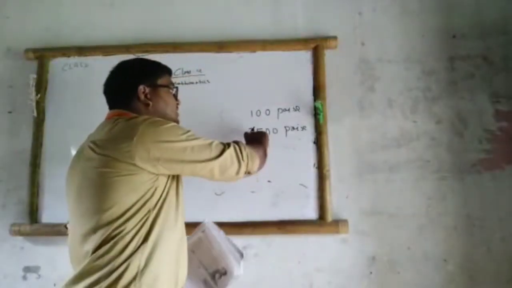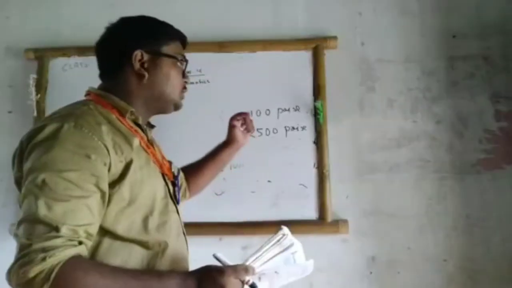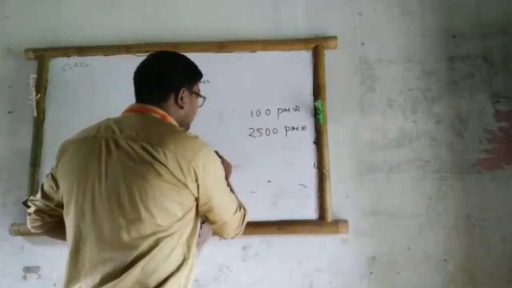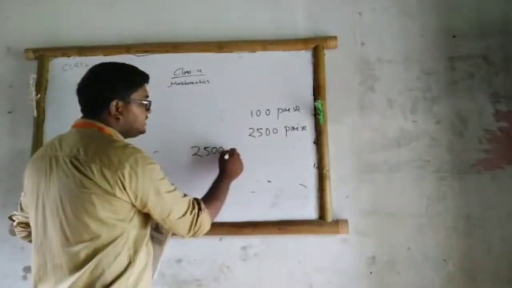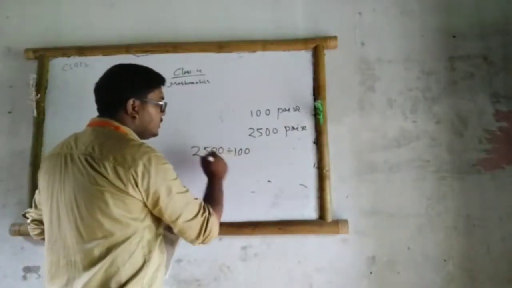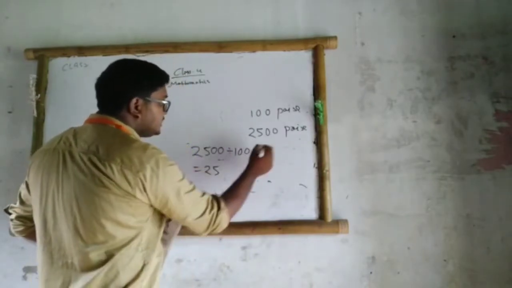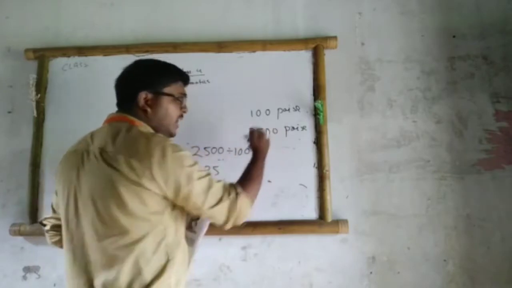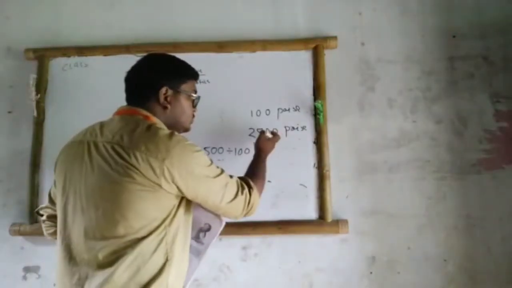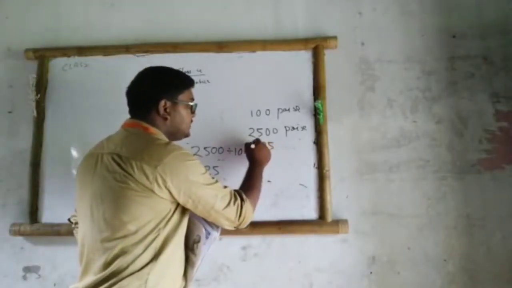If you divide 2500 by 100, what will be the answer? The answer will be 25. So 2500 paisa is equal to 25 rupees.